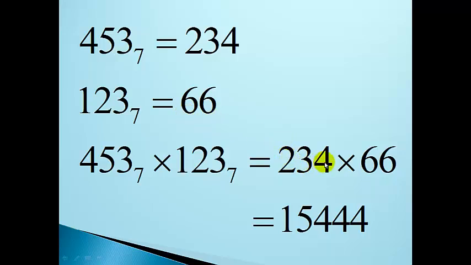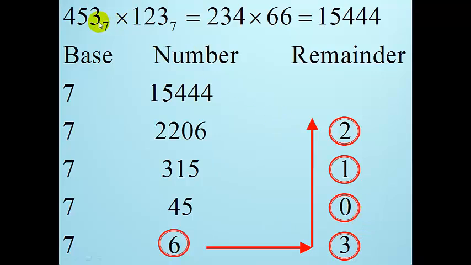So 234 times 66 is equal to 15444. The answer is 15444.